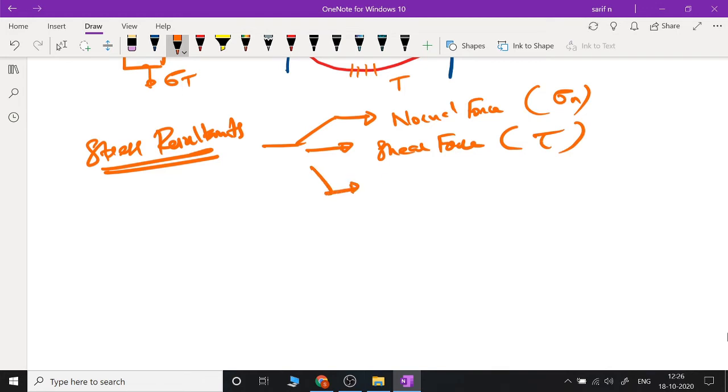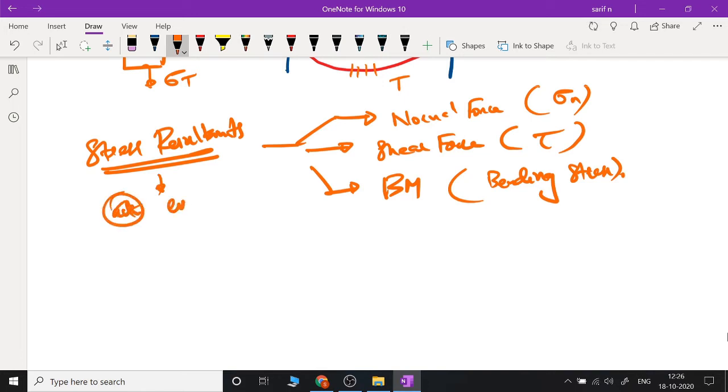And the third one is known as bending moment, which is the resultant of the bending stresses. Okay, you are going to have three stress resultants. These are the stress resultants at every cross section.